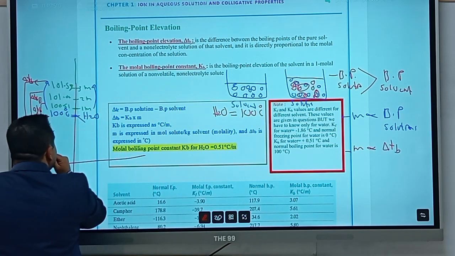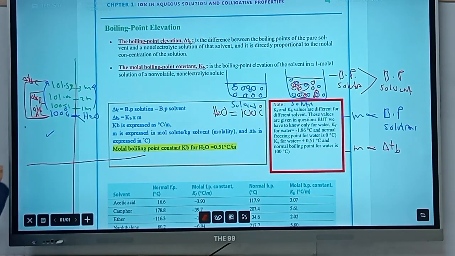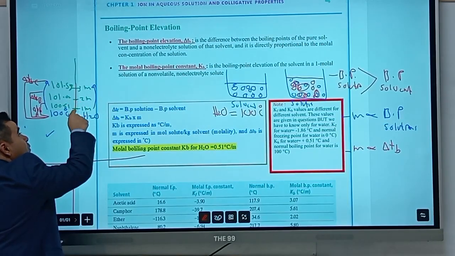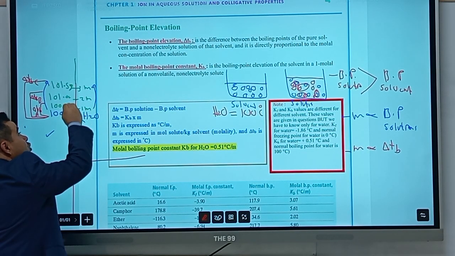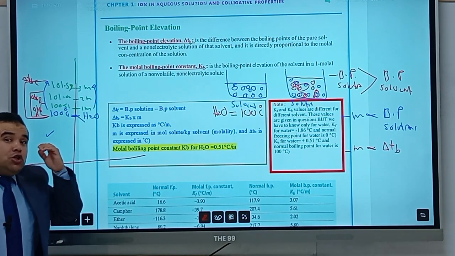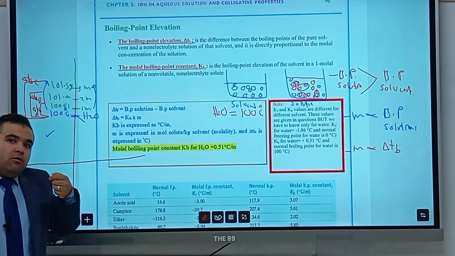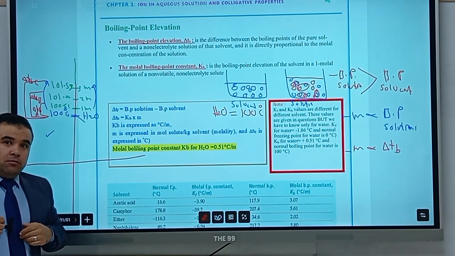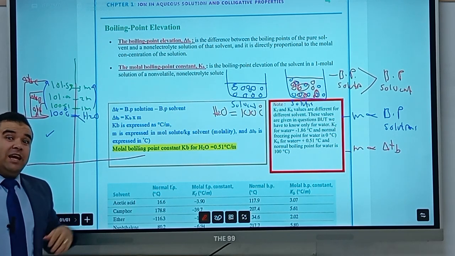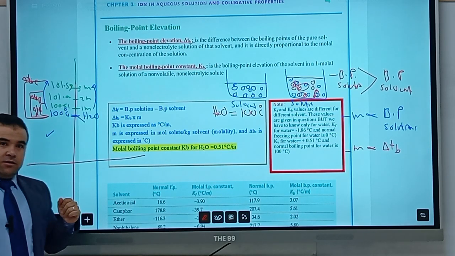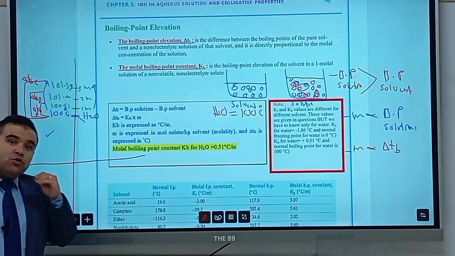With the molarity, guys, by changing every molarity, the boiling point changes equally. The elevation in boiling point for 1 molar non-electrolyte solute represents the Kb of the solvent. So the Kb is what?